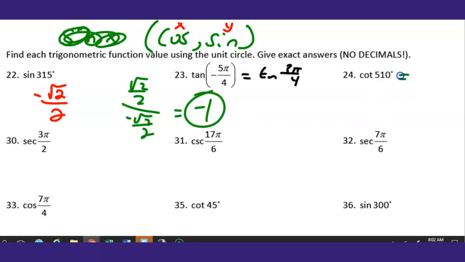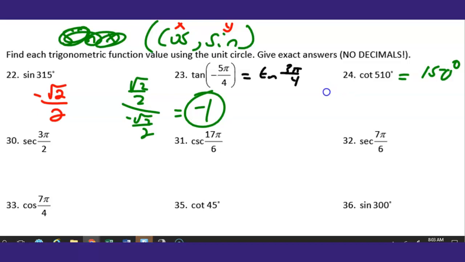Cotangent of 510. 510 is coterminal to, I'm sorry, 510 is equivalent to 150. So we look at 150 degrees and we want cotangent of 150.